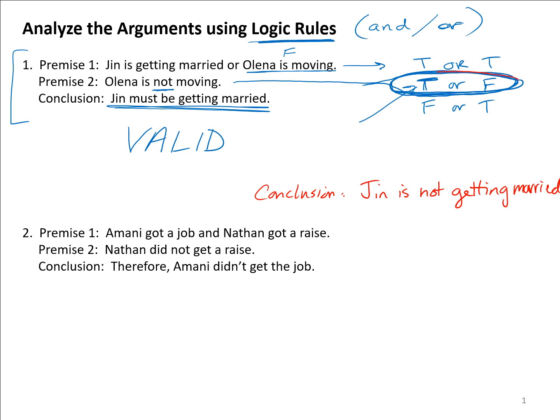Because remember, we know in premise 2 that Elena is not moving, so we are forced for the first premise to hold true. The first statement, which is Jen is getting married, has to be true. And the conclusion that Jen is not getting married would not work. We would not be able to say this. So this would be an invalid argument if I had said the conclusion was that Jen is not getting married.